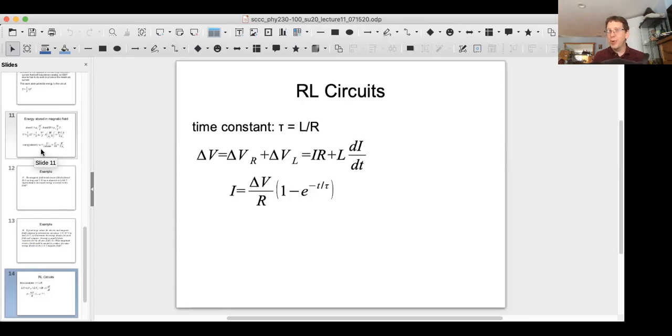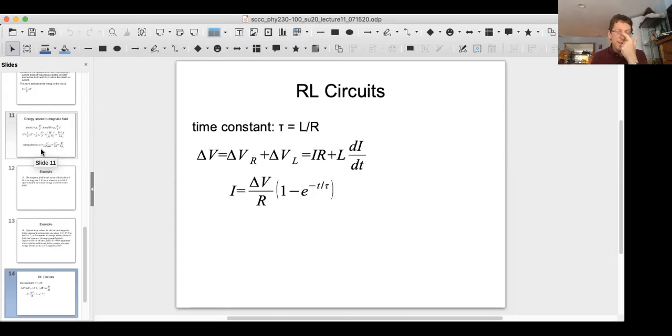We were able to solve that differential equation. And we have a structurally identical equation here. Instead of in terms of charge, it's in terms of the current. So the voltage coming in to the RL segment of the circuit is IR, the voltage across the resistor, plus L dI over dt, which is the voltage across the inductor.